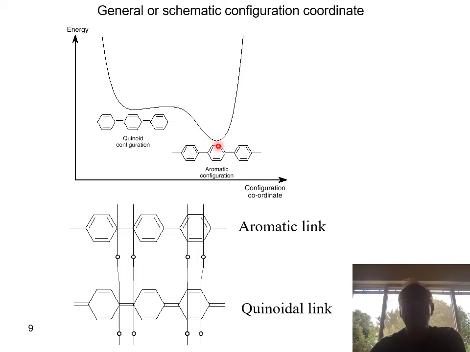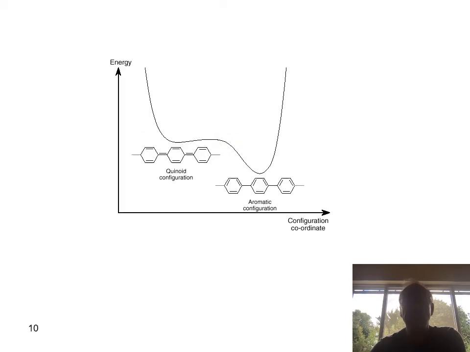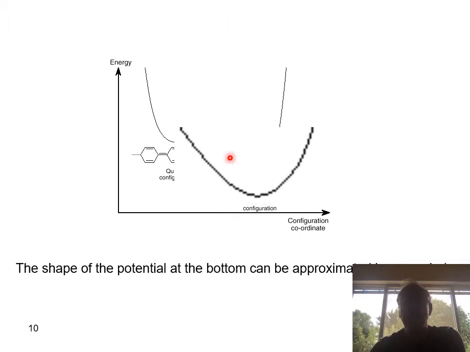So we're really looking at the very, very bottom of this graph. And if we zoom in at the bottom, then we can approximate it rather well like a parabola. Why do I say rather well? Because using a parabola to describe it works well and allows us to make sufficient progress in theory and understanding some of the experimental results.